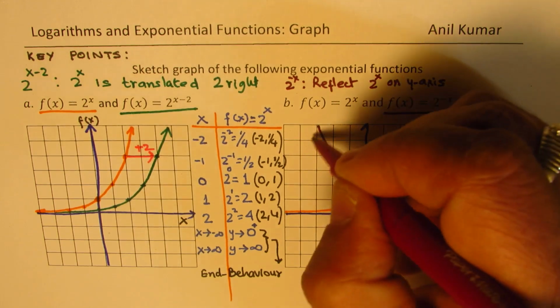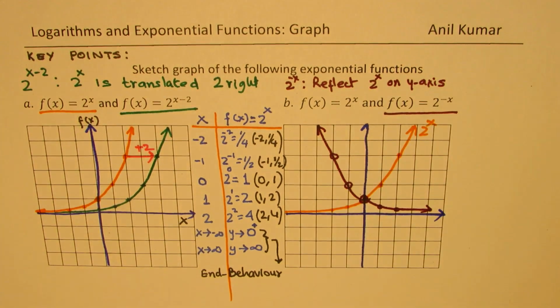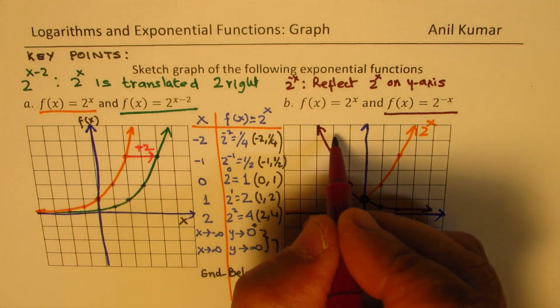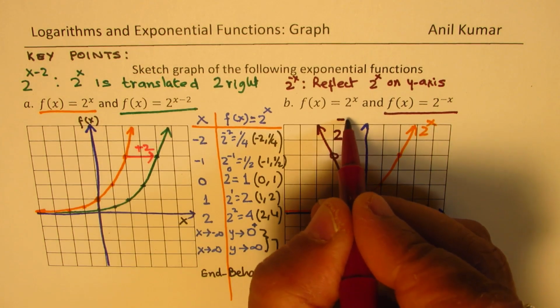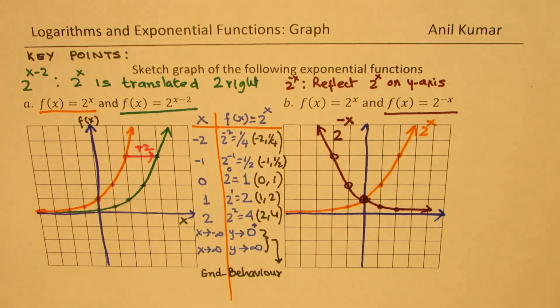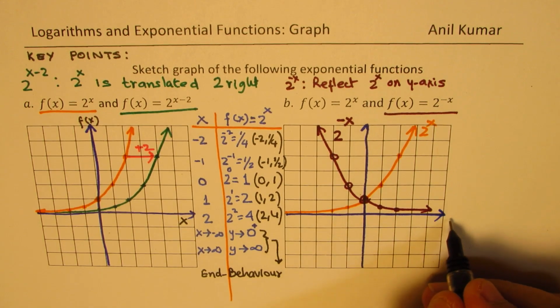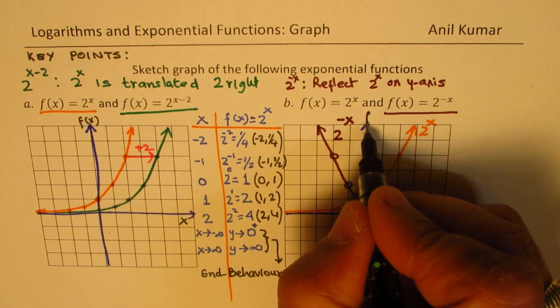So let me just connect this. So that becomes our graph for 2 to the power of minus x. So as you can see, the nature changes. It becomes always decreasing from always increasing, right? So in short, that is how we could actually plot the graph of our transformed function.